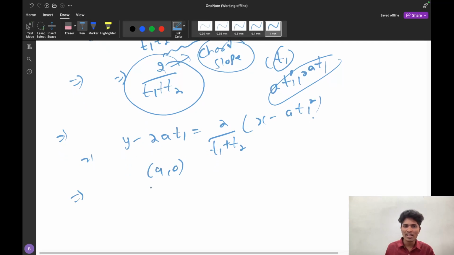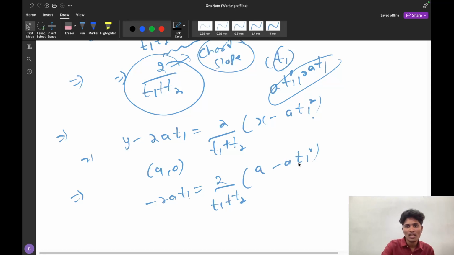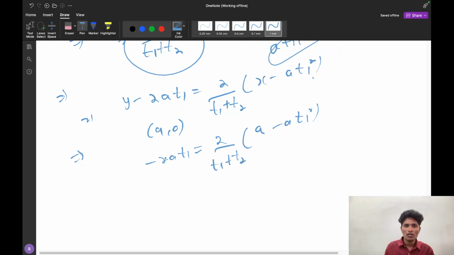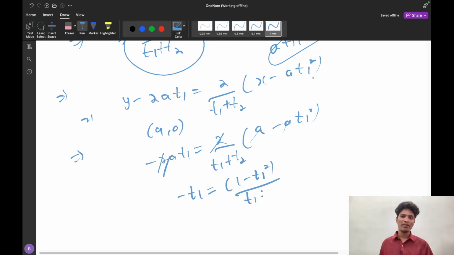So when I substitute, it will be minus 2a t1 is equal to 2 divided by t1 plus t2 into a minus a t1 square. The 2 gets cancelled with 2, and if I take a common, a gets cancelled. So what is left: minus t1 is equal to 1 minus t1 square divided by t1 plus t2.